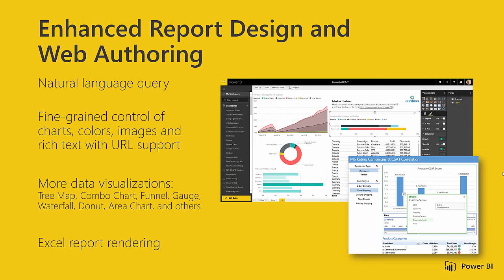You can enter annotations to add context to your reports with rich text and URLs for hyperlinks to other reports or supporting information. We've added popular data visualizations such as the waterfall chart that quite a few sales groups and financial organizations like to use, donuts, area charts, combination charts with dual axes.